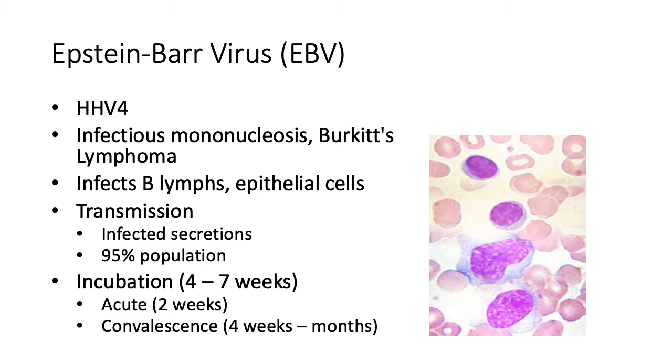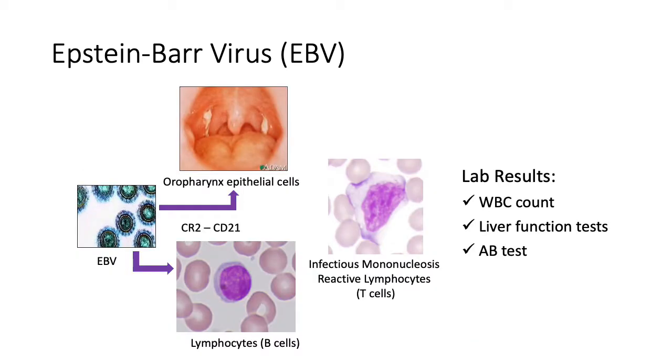Convalescence and full recovery can take up to several months, but most infections resolve within 4 to 6 weeks. Transmission of EBV occurs by contact with infected saliva and can involve fomites such as toothbrushes, drinking glasses, utensils, etc.